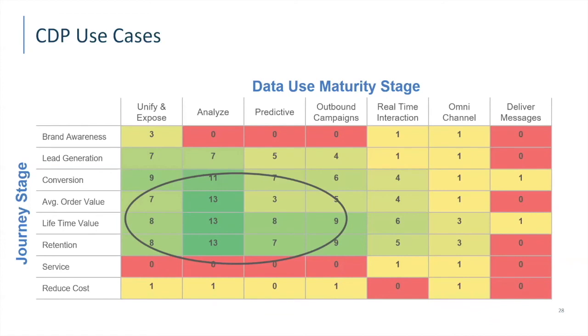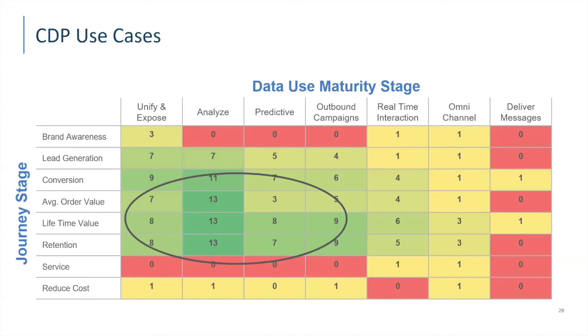Now, the important thing to notice here is this is what we have in our little library at the CDP Institute. If I go through this exercise with companies that are thinking of deploying a CDP, which is something that we do around here occasionally, they tend to be much further to the right. They tend to focus on the campaigns and the interactions and the online channel, because those are the use cases that are top of mind to them.